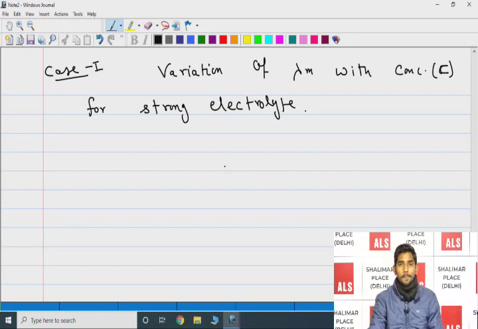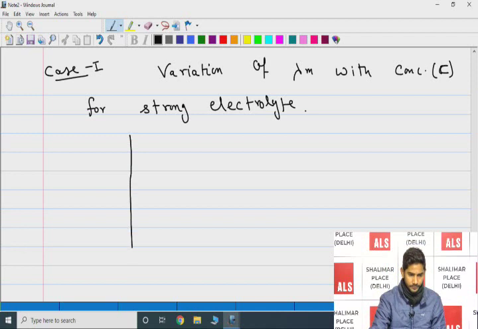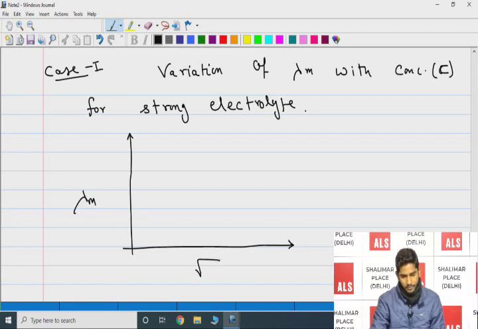Look at this. This is lambda m and this is your concentration.